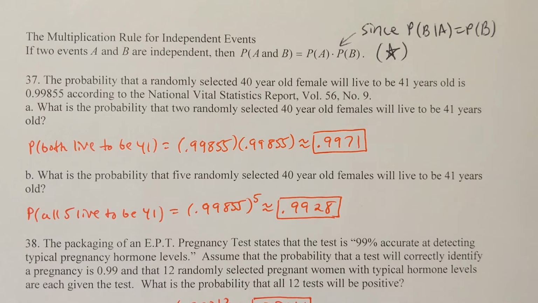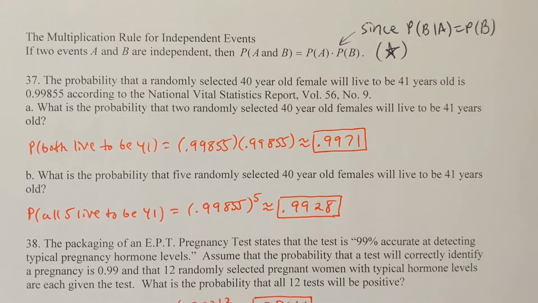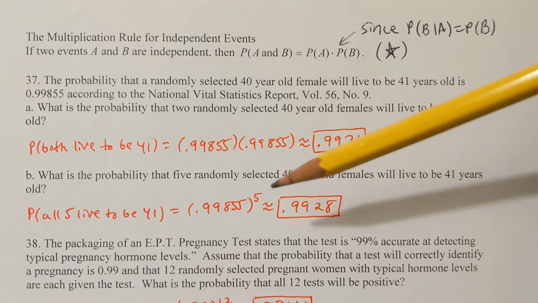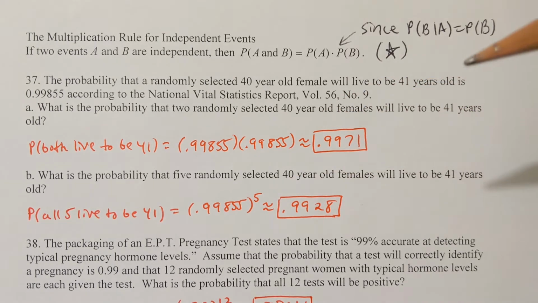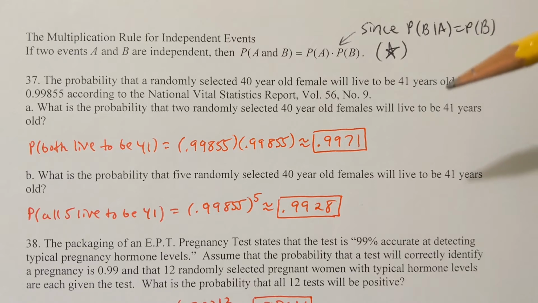Part B, what is the probability that five randomly selected 40-year-old females will live to be 41 years old? Again, I'm going to use the multiplication rule for independent events, and I have independent events going on. I just said that. Just because one person lives to be 41, that has zero effect over another person living to be 41.